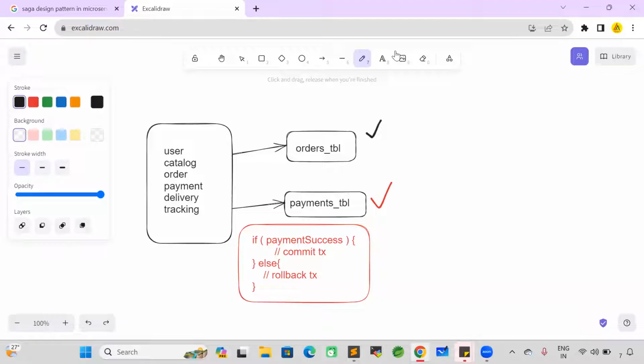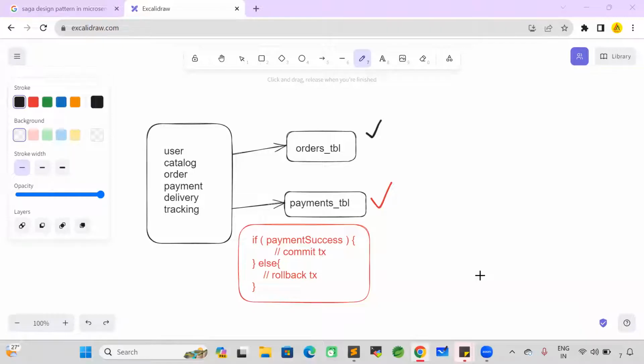But nowadays people are not developing applications using monolithic architecture. Monolithic architecture is an outdated process. Currently in the market, people are following microservices architecture.